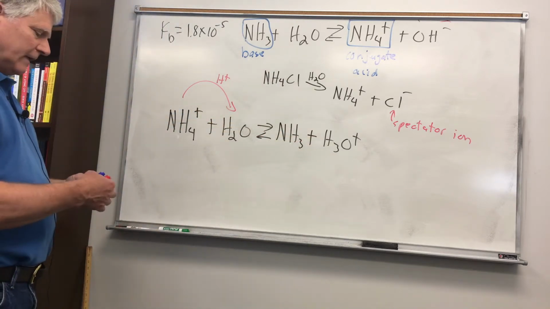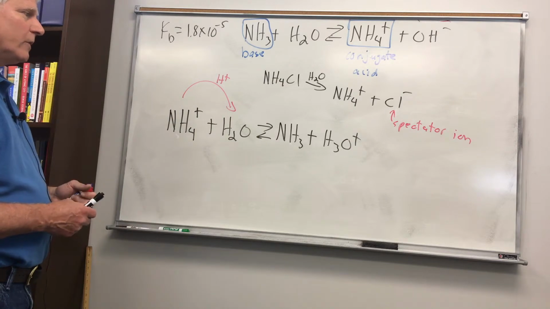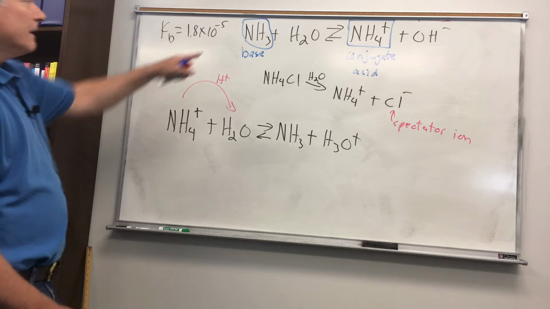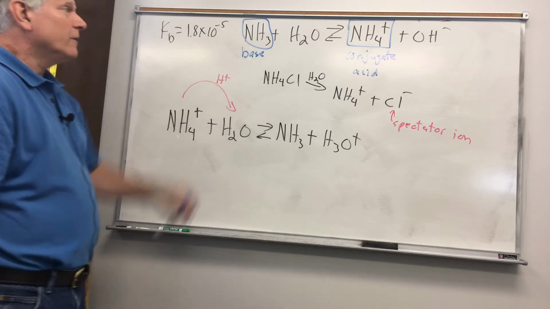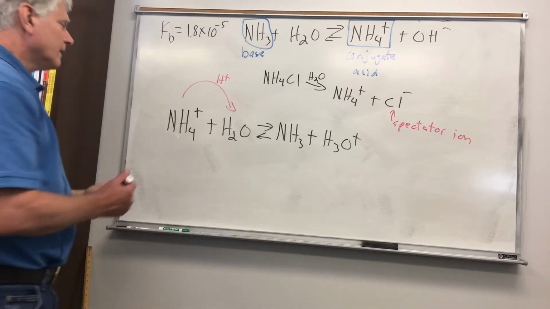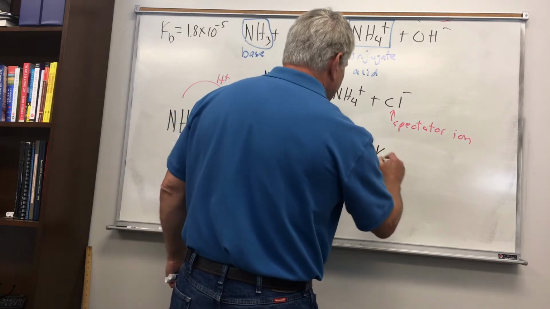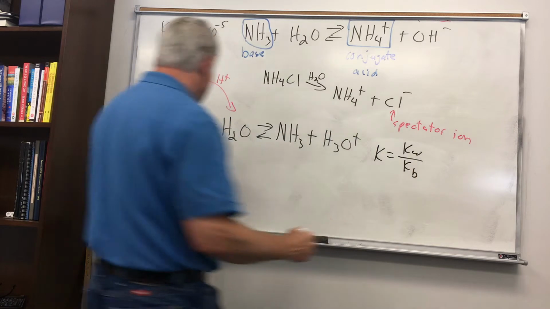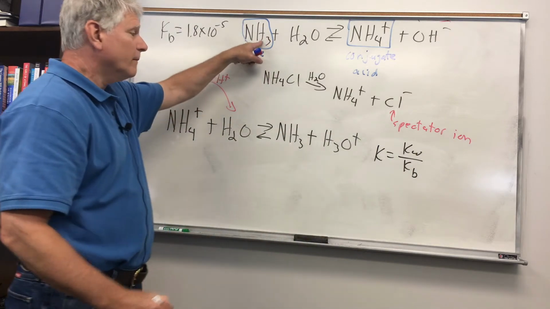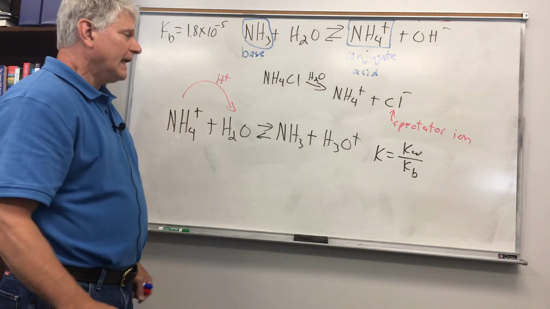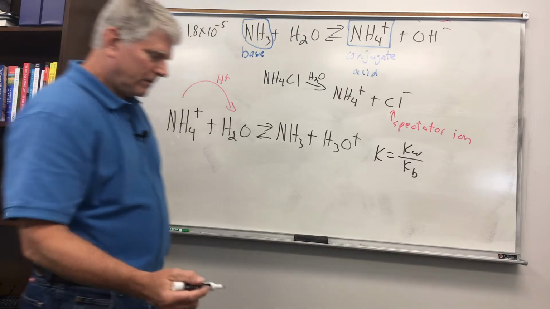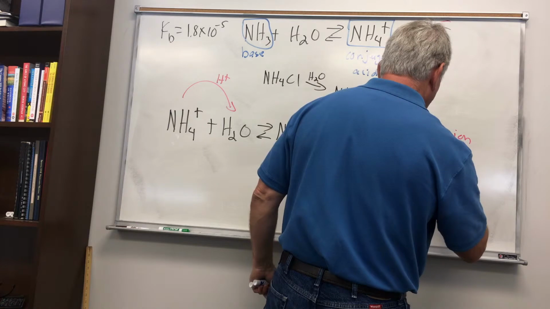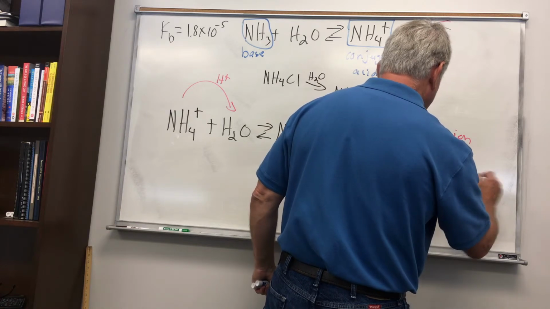So we can find the equilibrium value for this reaction just like before by adding this reaction to the autoionization of water, and this equilibrium constant will be Kw divided by Kb for the base, ammonia, and it's going to be small because we have 10 to the minus 14th divided by 1.8 times 10 to the minus fifth.